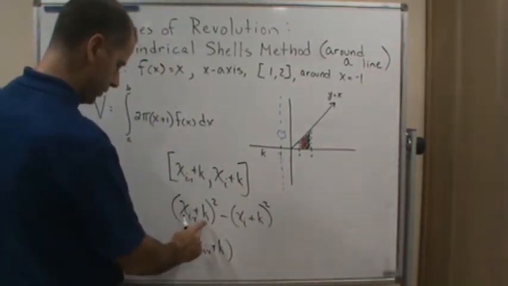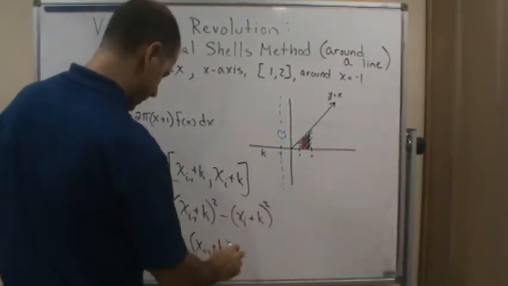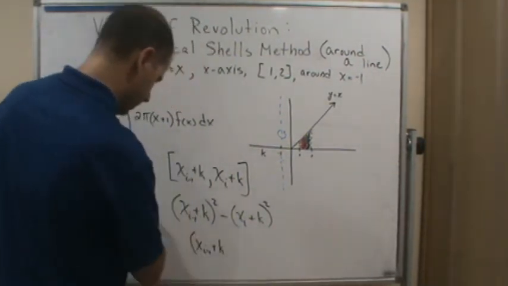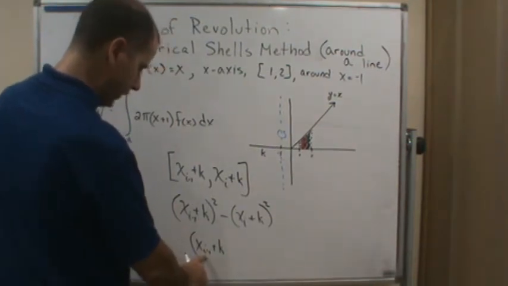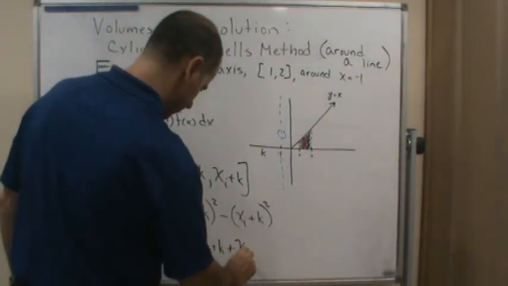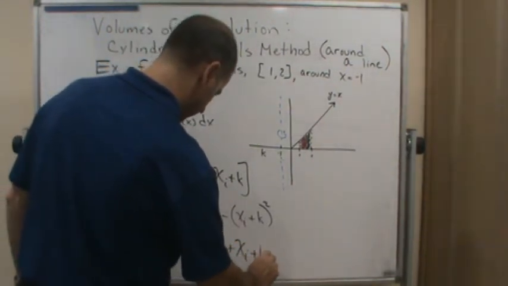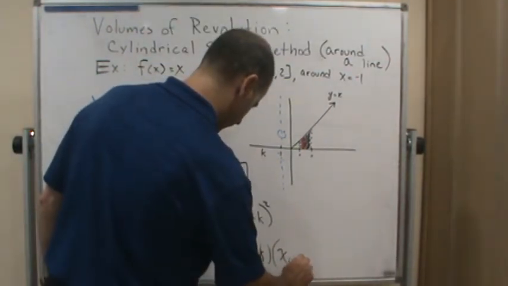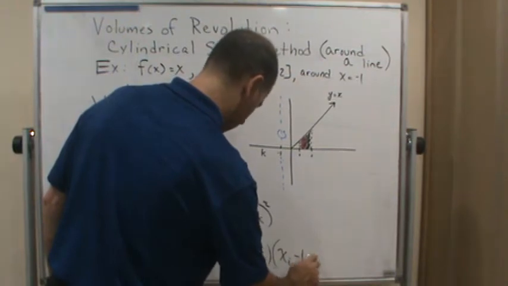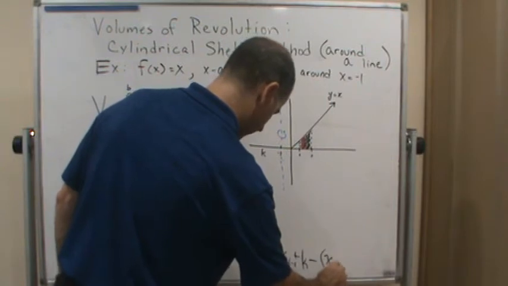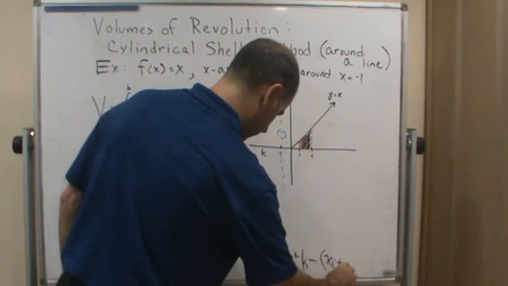The difference of two squares is going to be a sum times a difference: x sub i minus 1 plus x sub i plus k, times x sub i minus 1 plus k minus x sub i plus k.